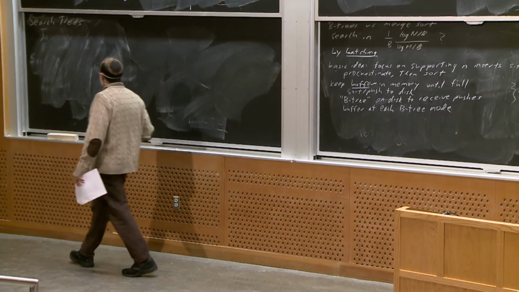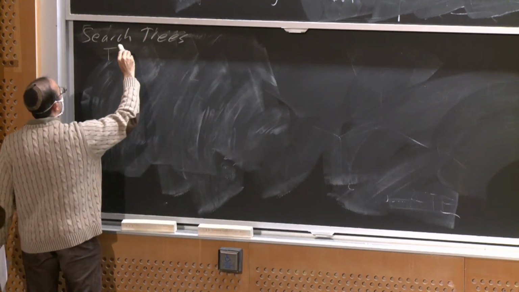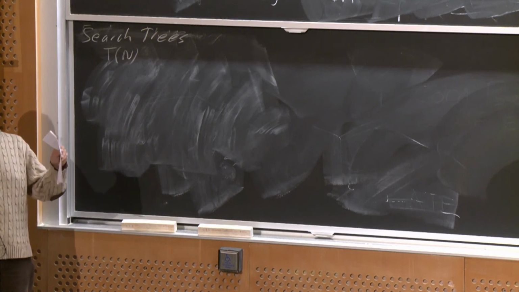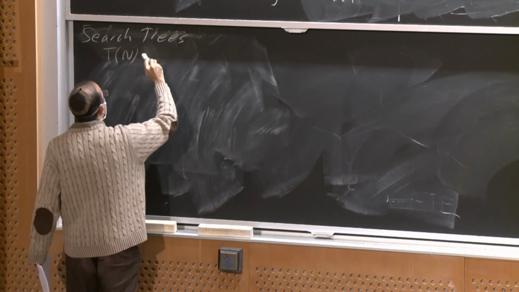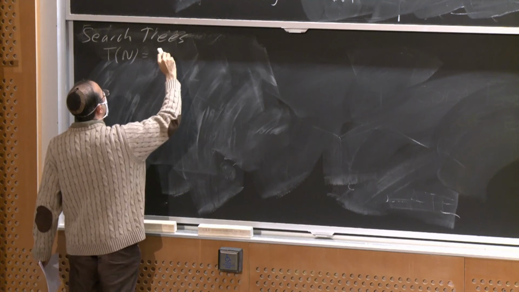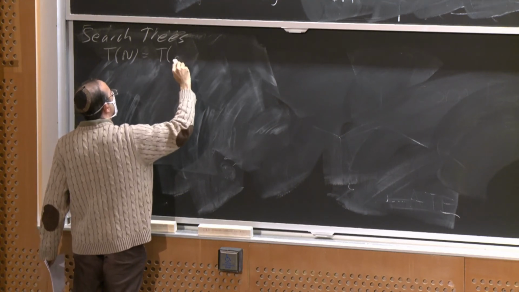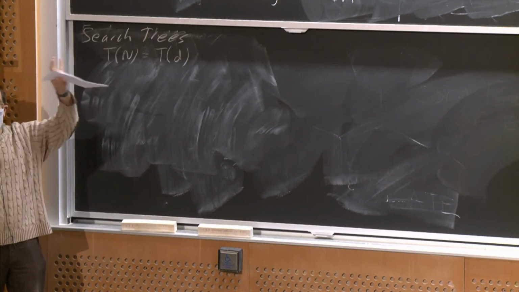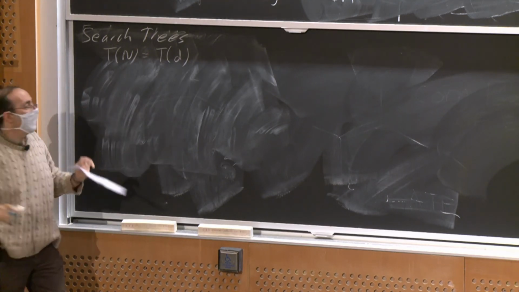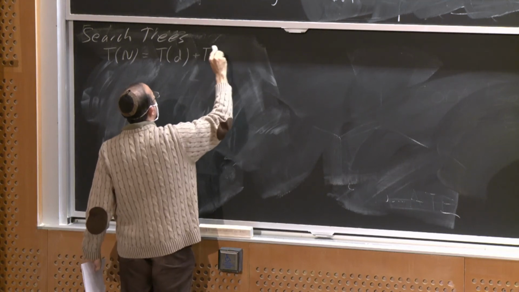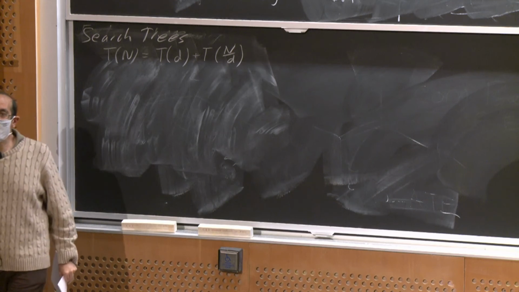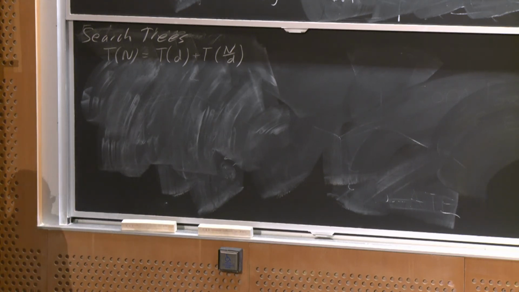So I can generalize from that notion of searching in one block for B items and say that the problem of searching in N items can be subdivided as the problem of searching among D keys in the root. And then once I have searched among the D keys in the root, it breaks the problem down into a problem of size N over D for the next step of searching, right?